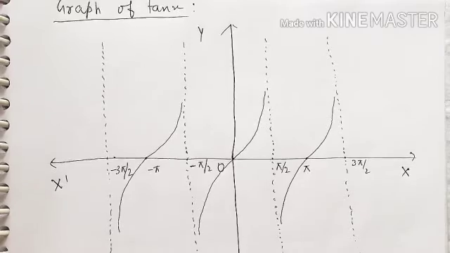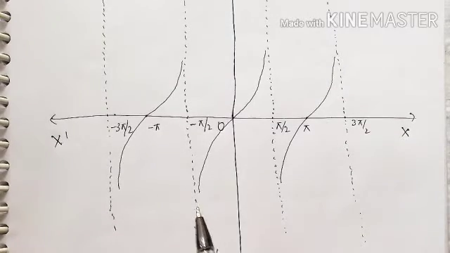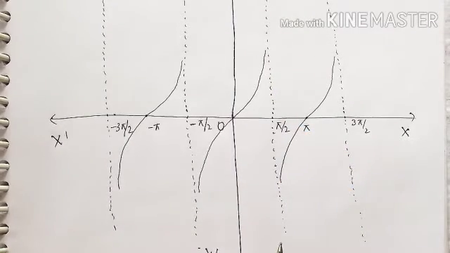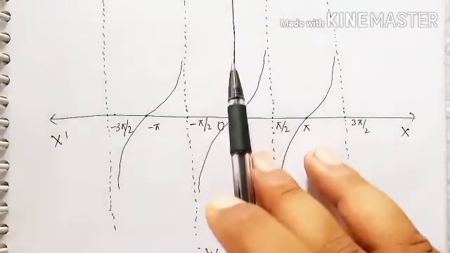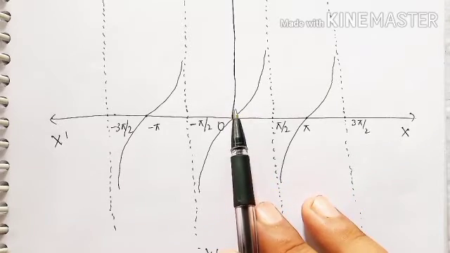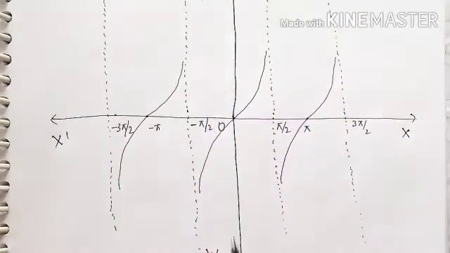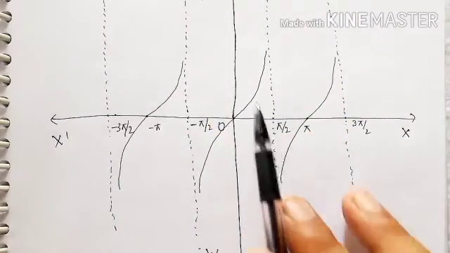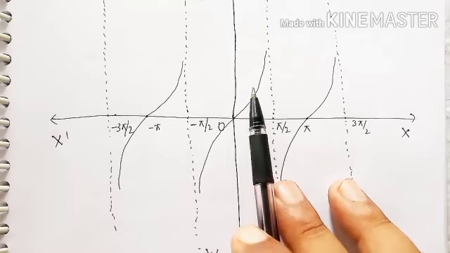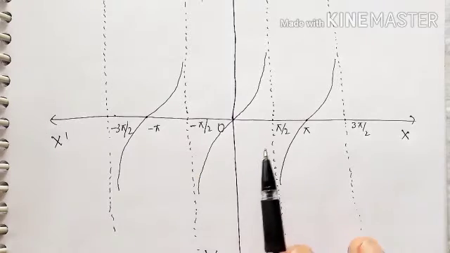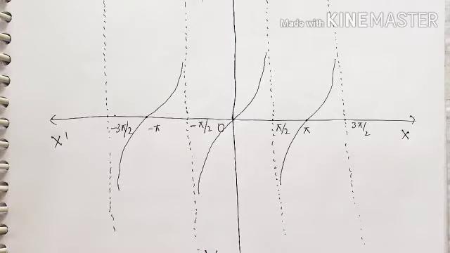Can we say that it is bijective? It is one-one and onto in the open interval minus pi by 2 to pi by 2. Yes, because an element of y, where x is the domain and y is the codomain, has only one pre-image in the interval minus pi by 2 to pi by 2, and every element of y is an image.